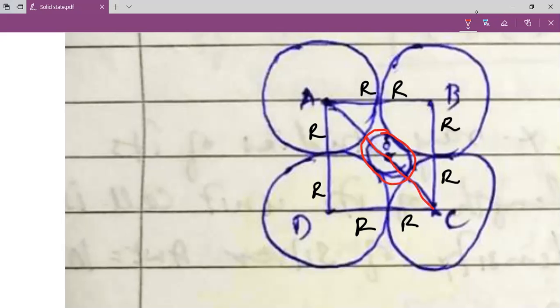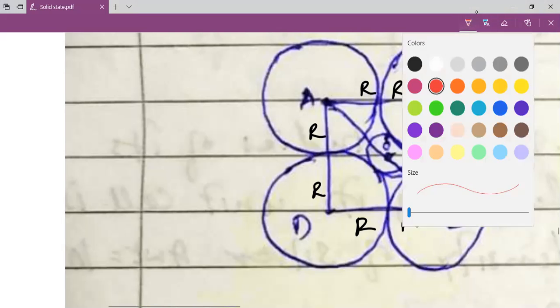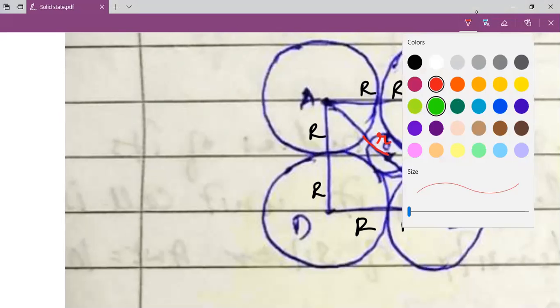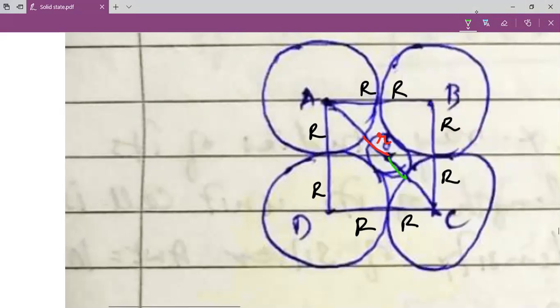If you look into this radius, my dear students, this radius of the void, which touches all these four, is small r. So even the next one is also small r. Then you already know this distance is capital R, and this distance is even capital R, because it is the radius of our particle.